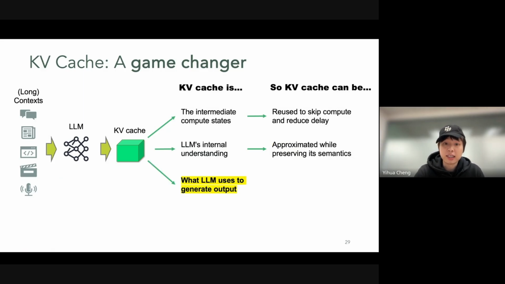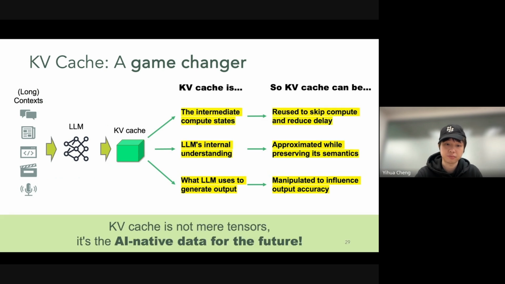And also, the KV cache will directly impact the large language model's output generation, which means that if we can manipulate the KV cache a little bit, we can control how large language models pay attention to different tokens and directly impact the inference output accuracy. We can do a lot of things there on the KV cache.